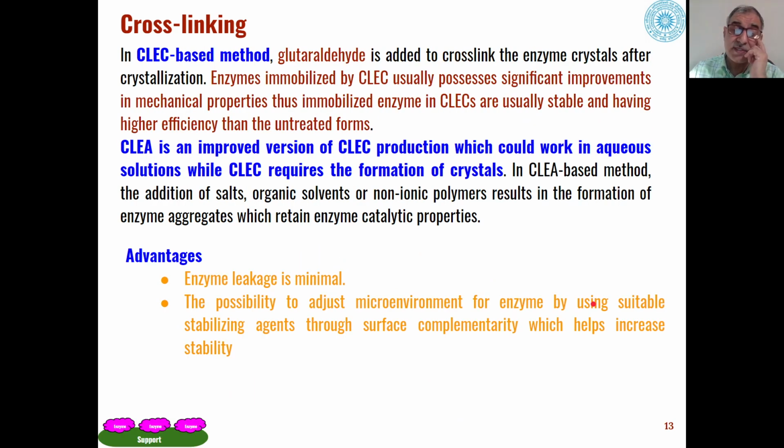And in the CLEC method, that is the crystal method, as I have told you, glutaraldehyde is added to cross-link the enzyme crystals after crystallization. So this will lead to a significant improvement in the mechanical properties of the enzymes. Because of this improvement, these CLECs are usually more stable and have higher efficiency than non-immobilized enzymes.